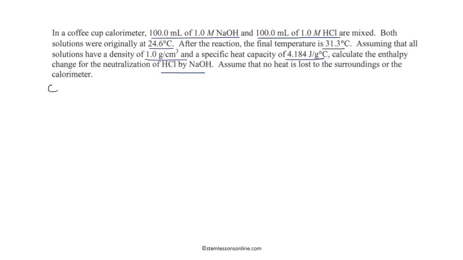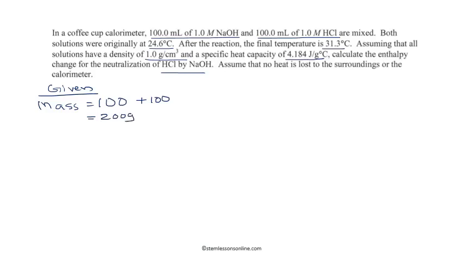So first we can write what things are given. We know the mass is given, even though it is not directly given: they give you the volume and the density. We know density is mass over volume, so mass equals density times volume. So we can consider that is 100 grams of NaOH plus 100 grams of HCl, so in total it is 200 grams.